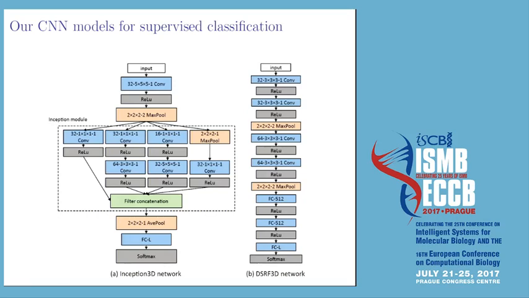The first architecture is characterized by an inception model, which is a parallelization of several convolutional filters with different kernel sizes, which captures the image features at different scales. The second one is characterized by a deeper architecture and small convolutional kernels.